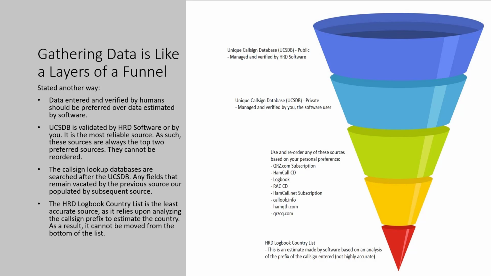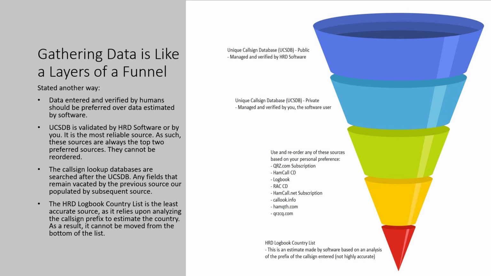And then the country list, or the HRD logbook country list, is the least accurate source. It relies on analyzing a prefix to estimate the country. You can't remove it from the bottom of the list because it's the least accurate source, and we want to make sure that people don't accidentally move it to the top of the list and end up with bad data in their log.